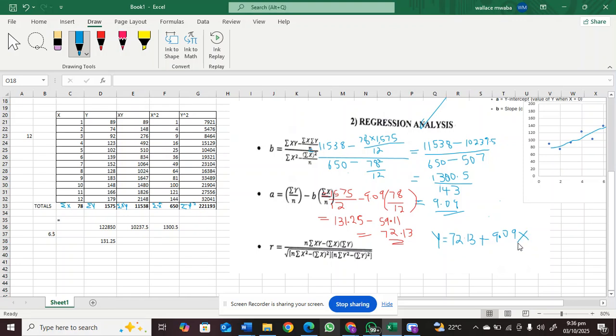This is the equation of our line: 72.13 plus 9.09x. Any questions?